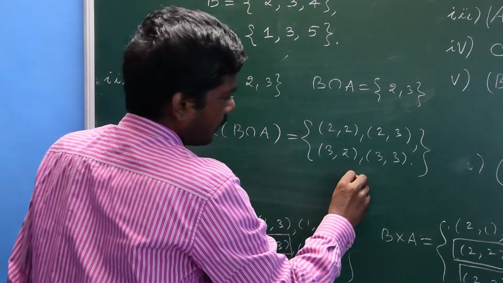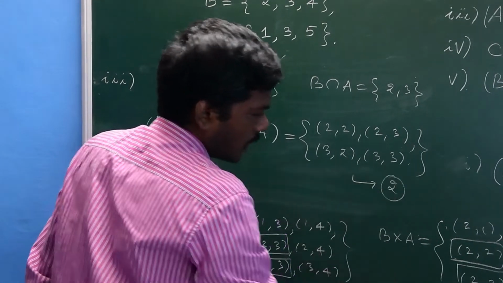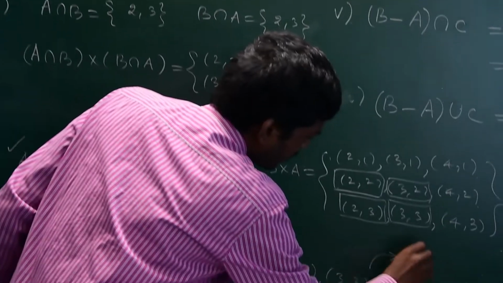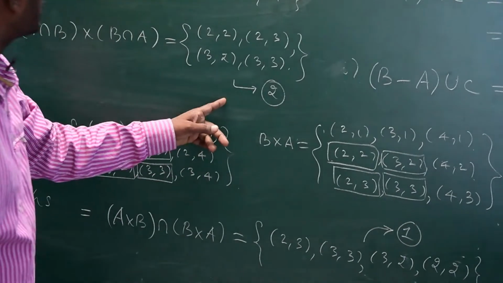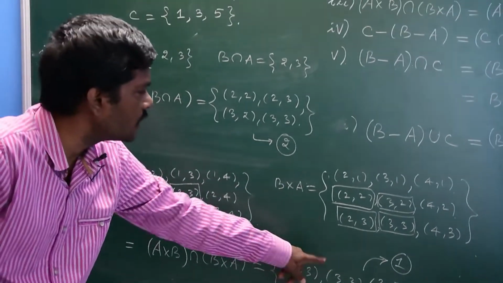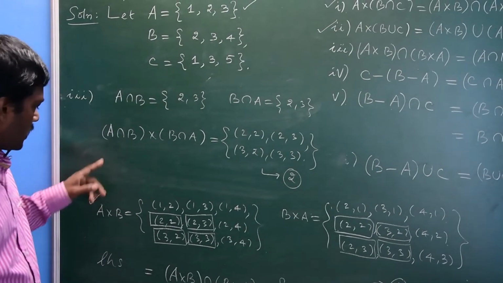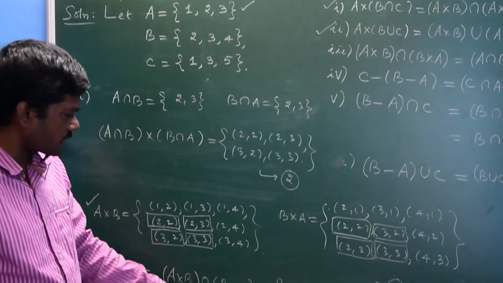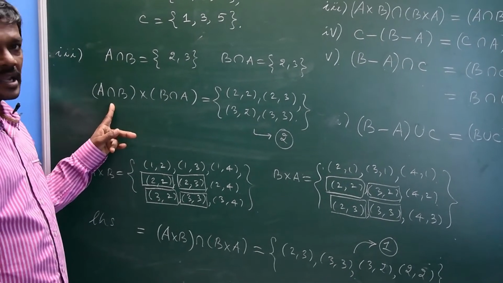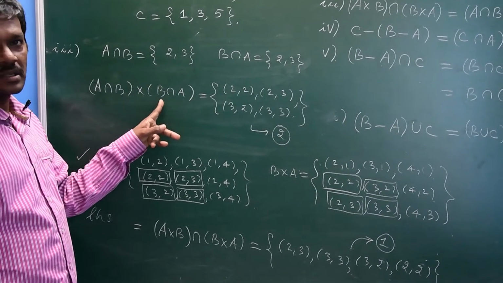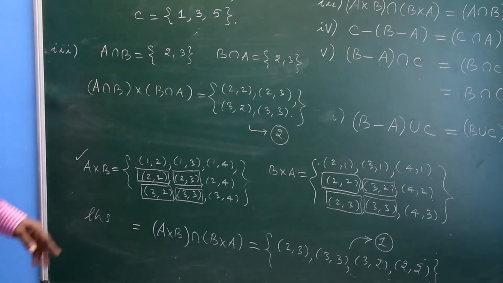And you call this as 1. So from equation 1 and 2 we see that A cross B intersection B cross A is same as A intersection B cross B intersection A.